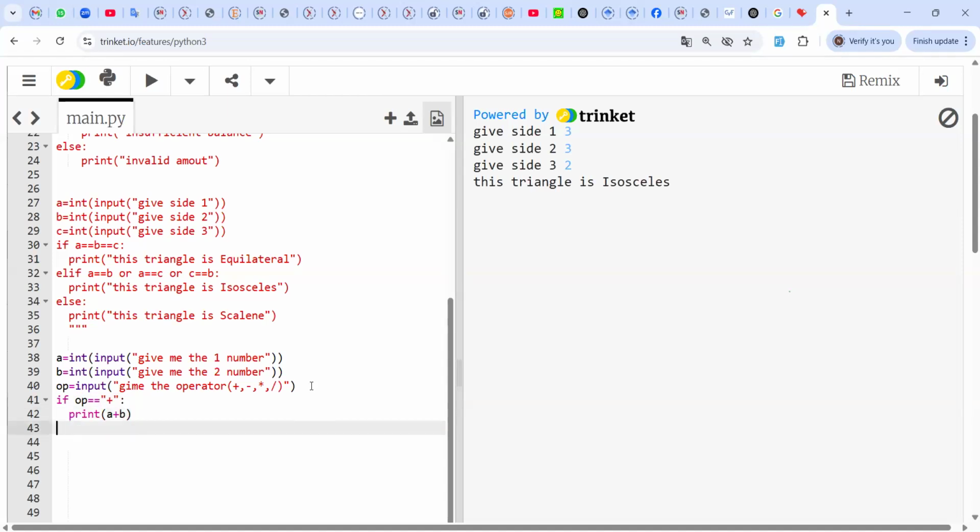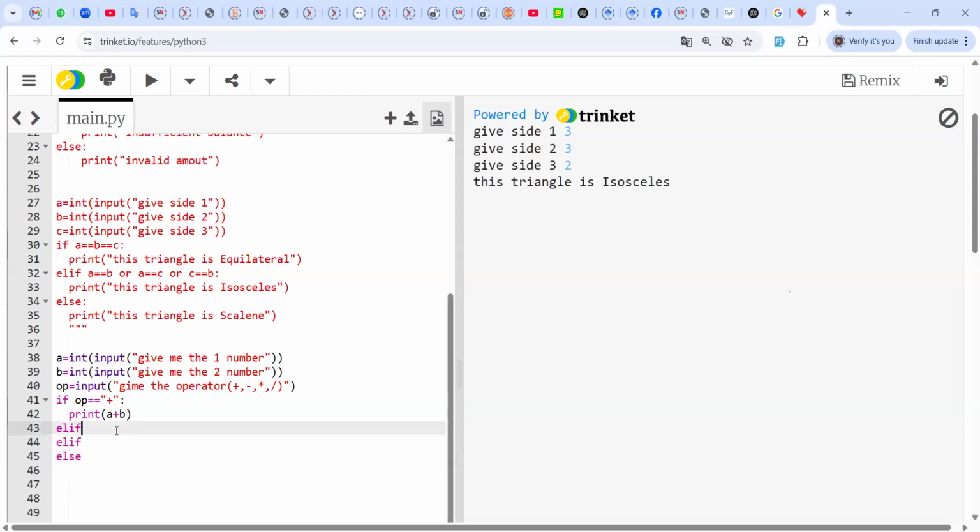And I'm going to ask, how many tests do we have in here? 4. Yes, 4. That means we are going to use if, then elif, and another elif, and finally we have else.